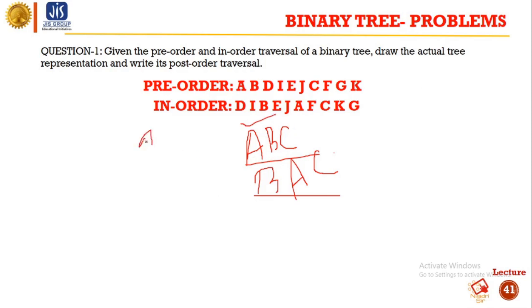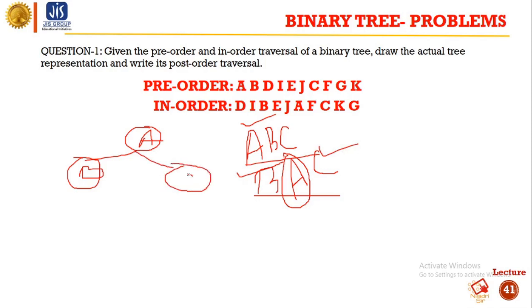So this is the root, and from in-order we can see that in the left side of the root there is B, so this will be B, and in the right side of the root there is C, so this is C. As you can see, this figure is same as the figure we have drawn.